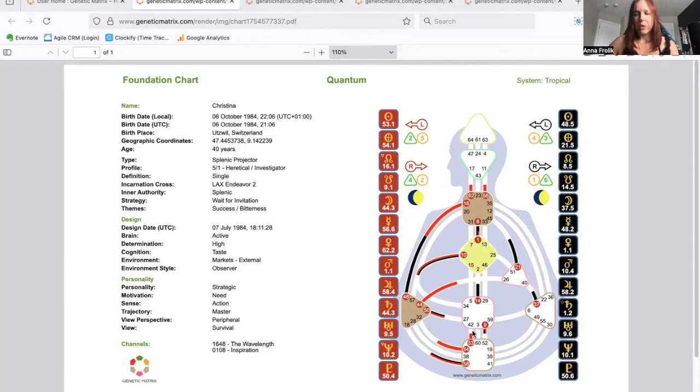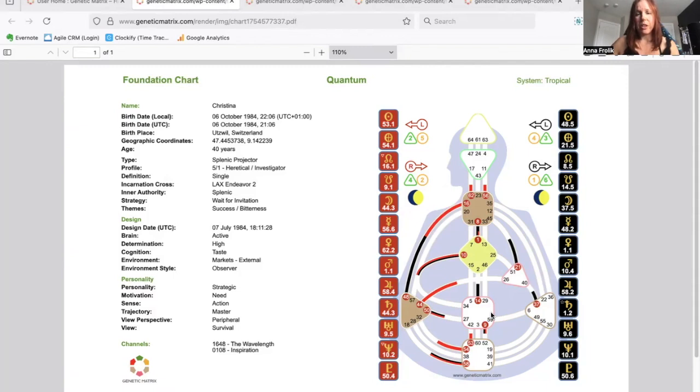Then the undefined sacral. So again, you don't really have access to your own consistent source of life force energy. And what that means, again, is you're not here to do the hard work for other people. And also, you'll tend to get more tired than any of the energy types, so generators and manifesting generators.